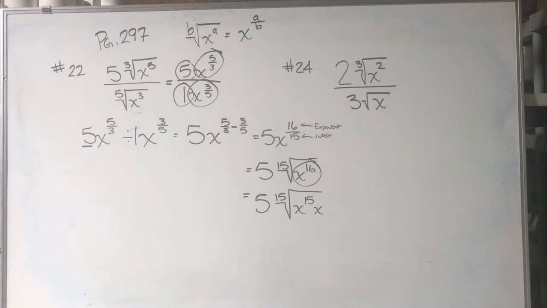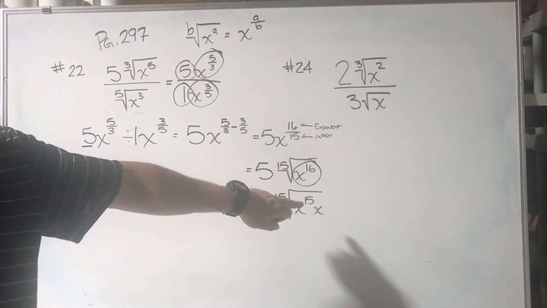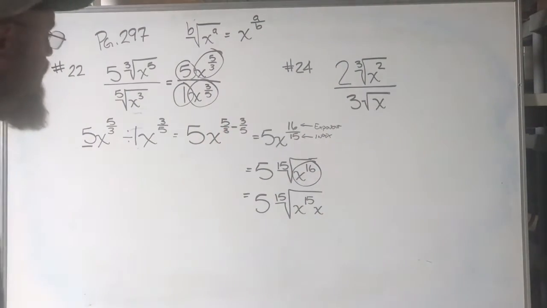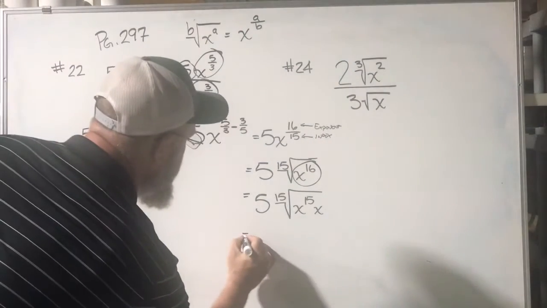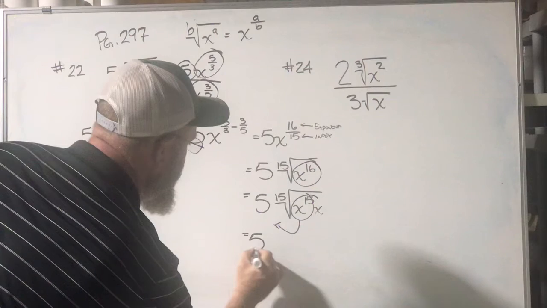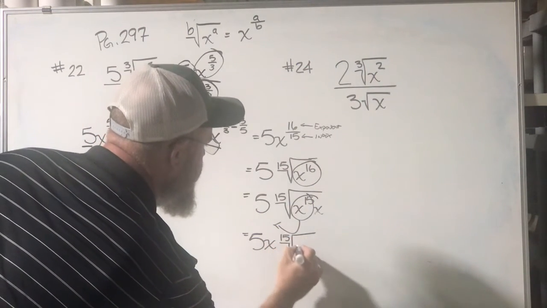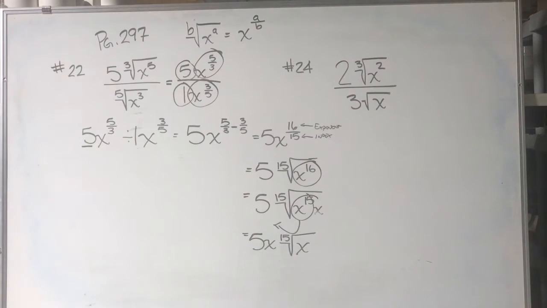Well, what is the 15th root of x to the 15th? That's just x, right? So that's going to equal, I'm going to take this guy out. That's going to be 5x times 15th root of x. And that is your answer.